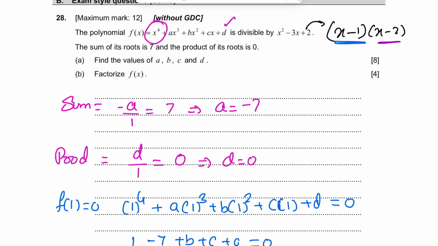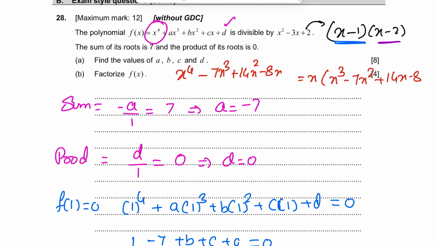Factorize. Now, how do I factorize it? I know already it is x minus 1 and x minus 2 and d is 0. So my equation will become x power 4 minus 7x cube plus 14x square minus 8x. Because d is 0, take x common, so it becomes x cube minus 7x square plus 14x minus 8.